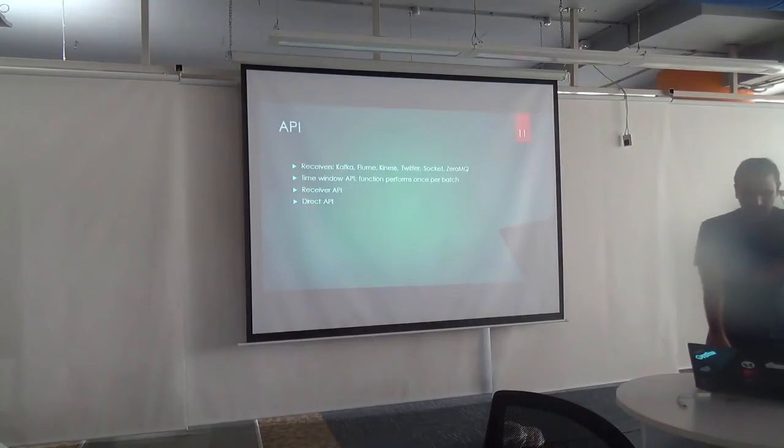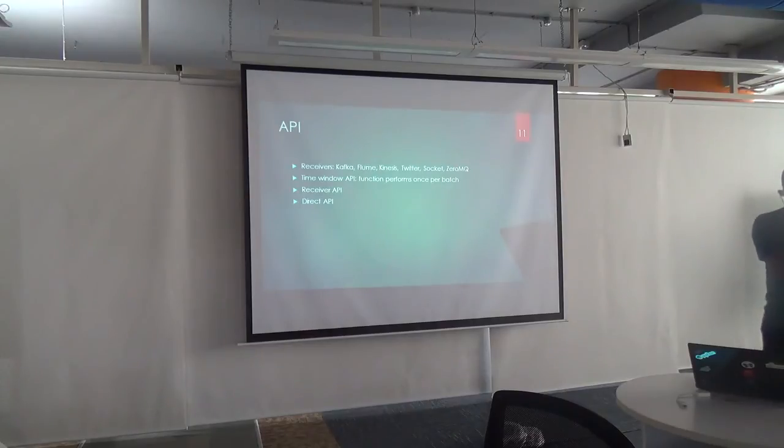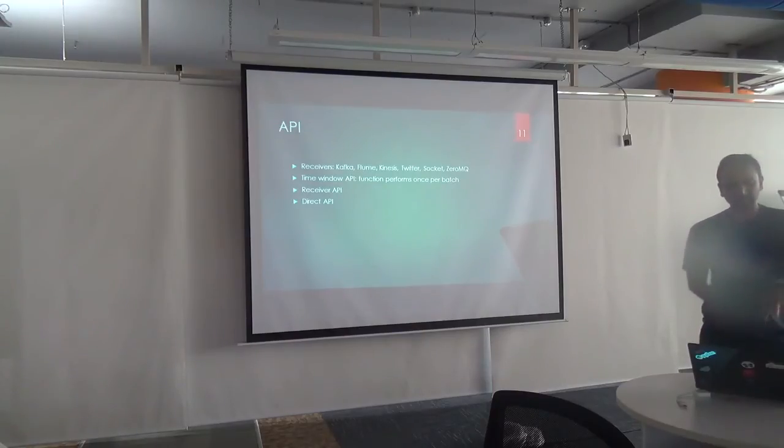Micro batches, I'll look at the API. With Spark Streaming, when you use Spark, you need to receive real-time data, right? So it comes with a lot of adapters, and all these adapters are called receivers. They have ready-made receivers for Kafka, Flume, and Kinesis, which is Amazon's equivalent of Kafka.